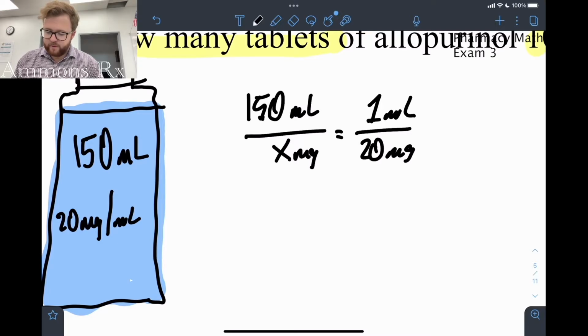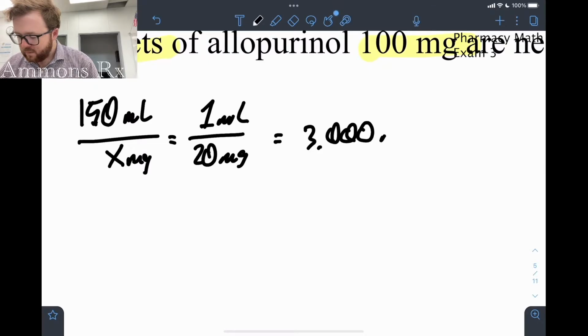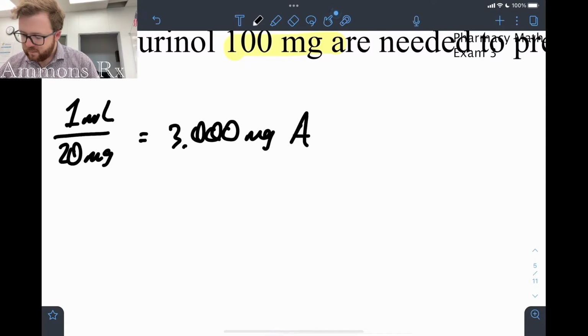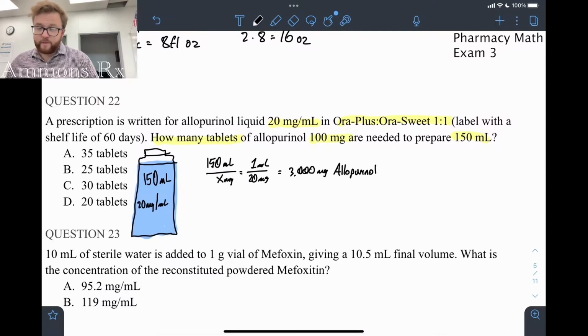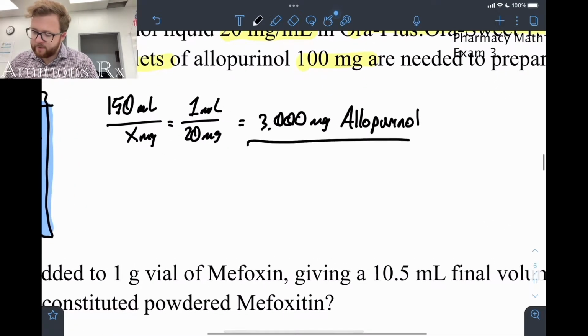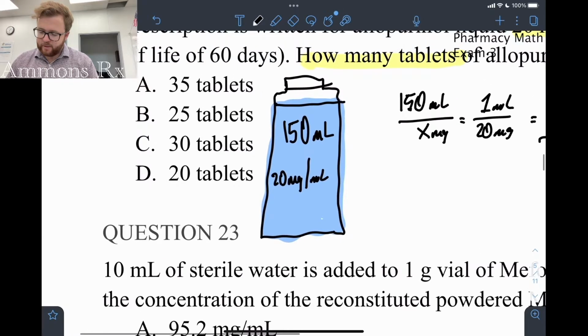So 20 times 150 is 3,000. Okay. So there's 3,000 milligrams total, and we have a 100 milligram tablet, so we just need to do that divided by 100. And you should get 30.